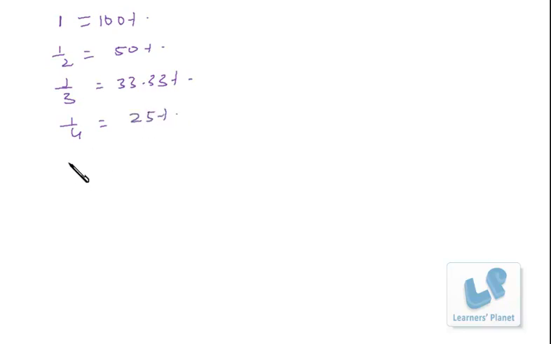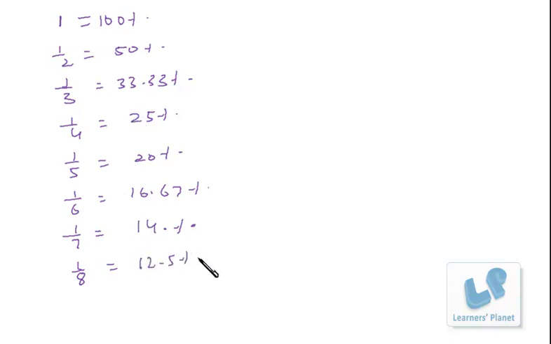First, 1 is 100%, 1 by 2 is 50%, 1 by 3 is 33.33%, 1 by 4 is 25%, 1 by 5 is 20%, 1 by 6 is 16.67%, 1 by 7 is around 14%, and 1 by 8, half of 1 by 4, is half of 25, that is 12.5%.